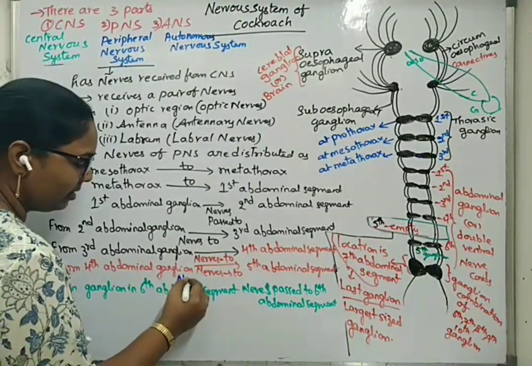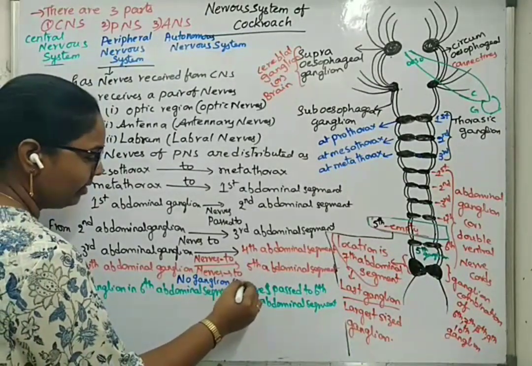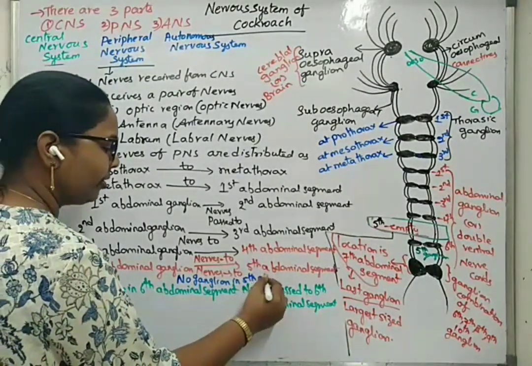You'll write here: no ganglion in the fifth abdominal segment.